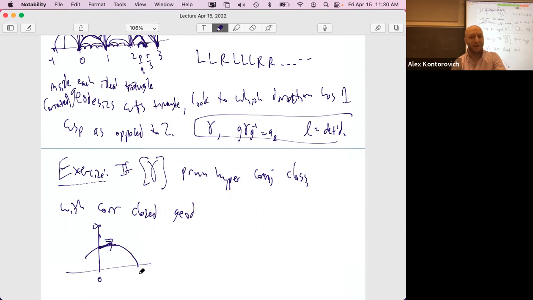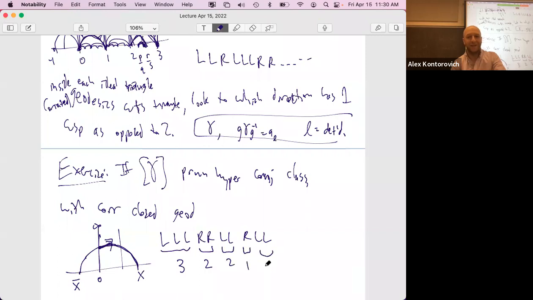Remember, this gamma has two fixed points, x and x bar. Well, then you get this cutting sequence of L's and R's. So you get a bunch of L's and then a bunch of R's and L's and R's. And you group the L's, you see how many L's you have, and you group the R's and you see how many R's you have. And you group the L's and the R's and so on.